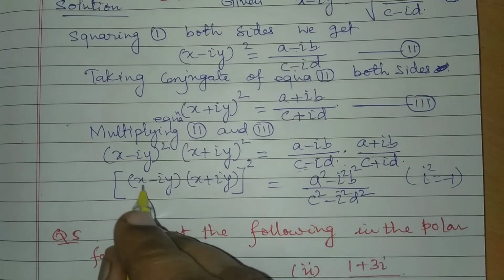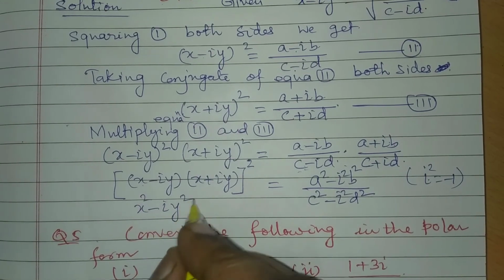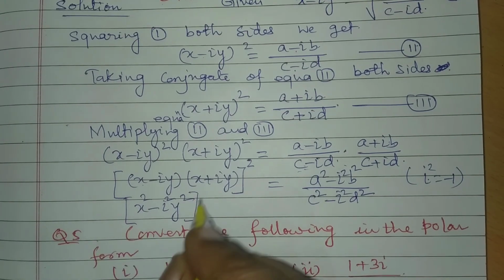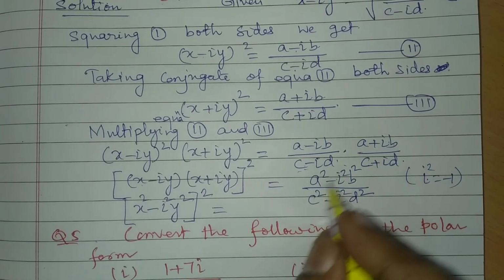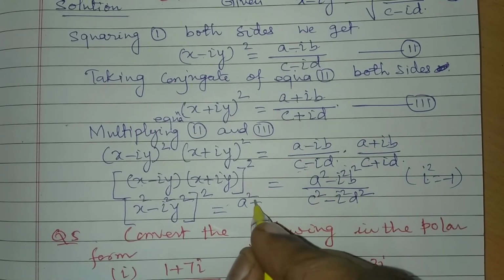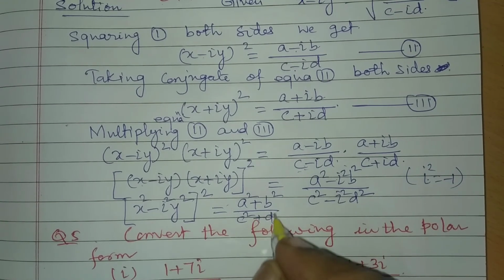So it is also a plus b a minus b. Iota square is equal to minus 1 you have to put, and here the same thing will happen, x square iota square y square whole to the power 2. So it is equal to a square, and if you put minus 1, it becomes plus b square divided by c square plus d square.